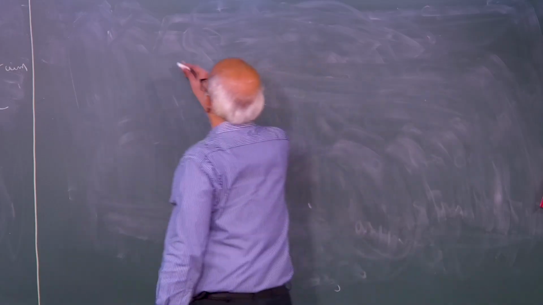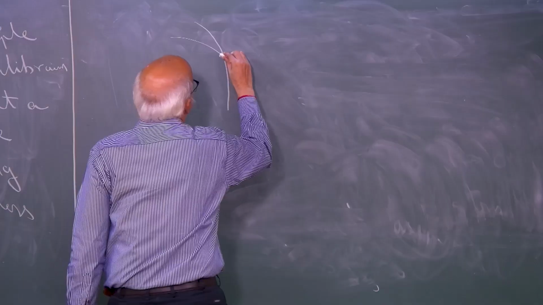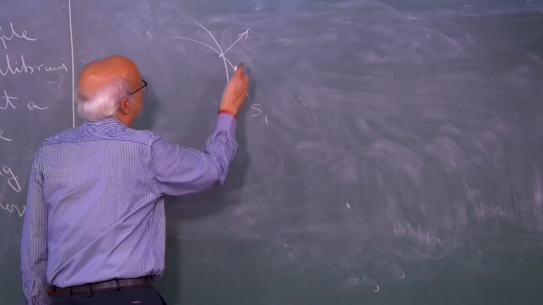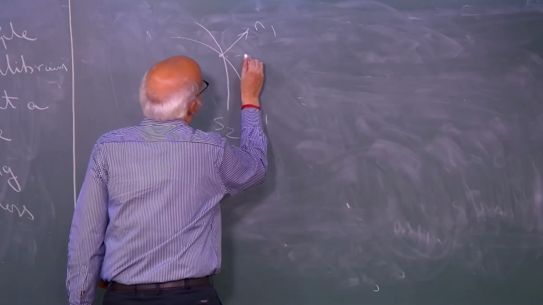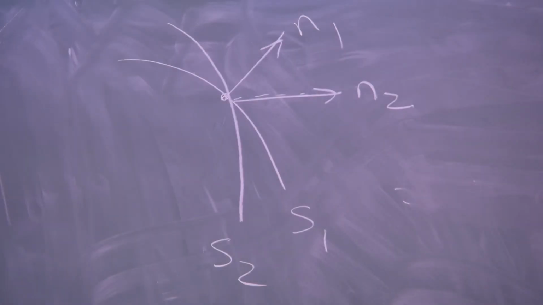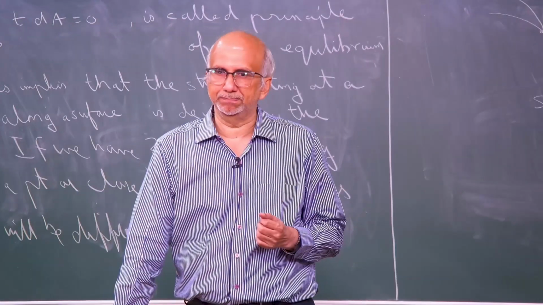So if I have that, this is the point here. This is S1, one surface I have drawn. The normal to this is N1. This is S2. The normal to this is N2. What I am trying to tell you is that there is a point of intersection of these two surfaces. I have drawn a one-dimensional surface for ease of visualization.